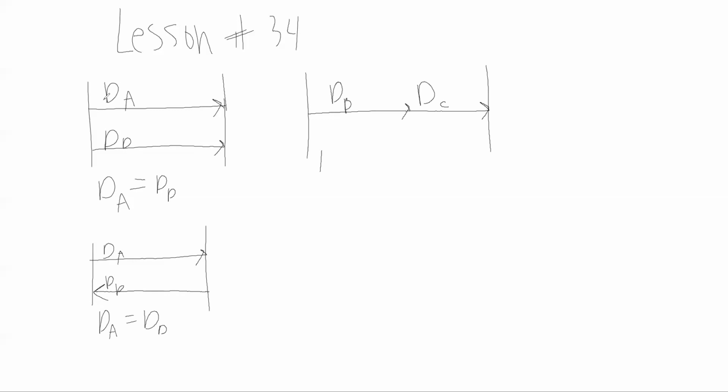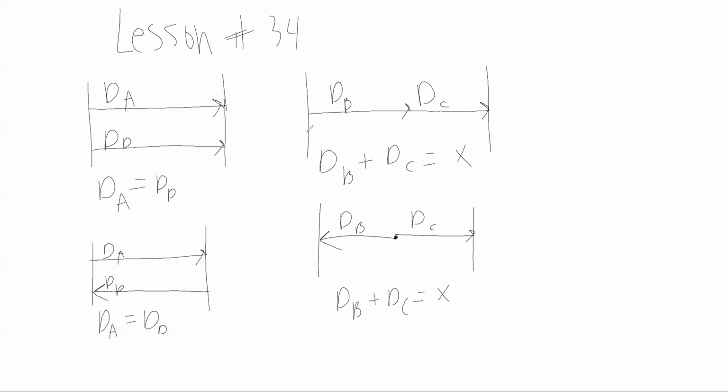So we could have said that the distance of Briar plus the distance of Carter equals some value, right? That'd be the same thing as if Briar and Carter were at the same starting point, and Briar was going one direction and Carter was going the other direction. We could still say that the distance of Briar plus the distance of Carter equal the value, right? And that value being this distance here.